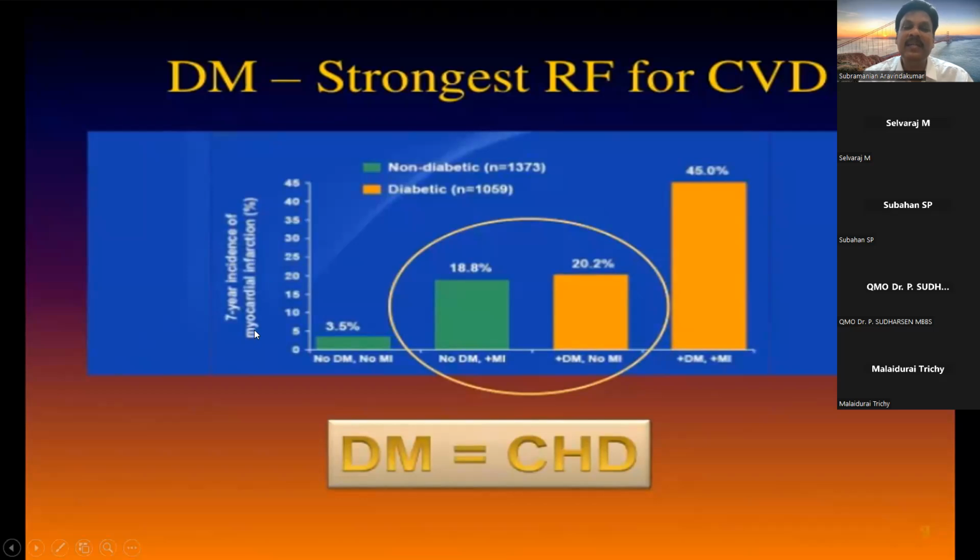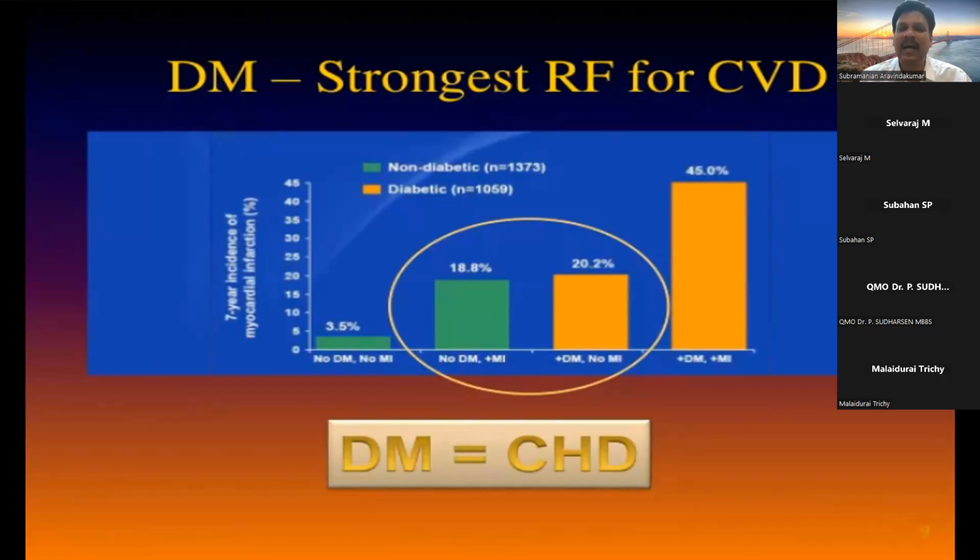This is the 7-year incidence of myocardial infarction. If the patient has neither diabetes nor MI, the chance of having an MI at the end of 7 years is only 3.5%. The statement is very clear. Whereas a non-diabetic who has had an MI has a 19% chance of another MI within 7 years.